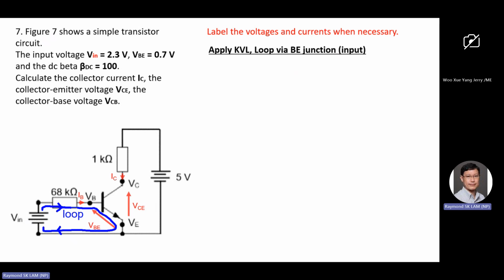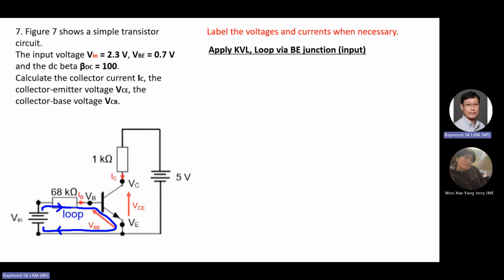Another way to elaborate: this loop enters the base and comes out from the E, and this B and E is taken care of by the voltage VBE. So you don't have to bother about the C, the collector.